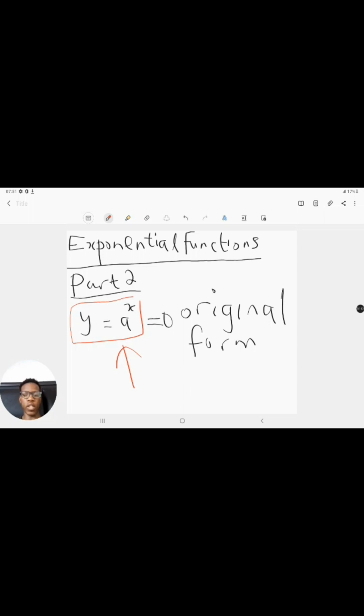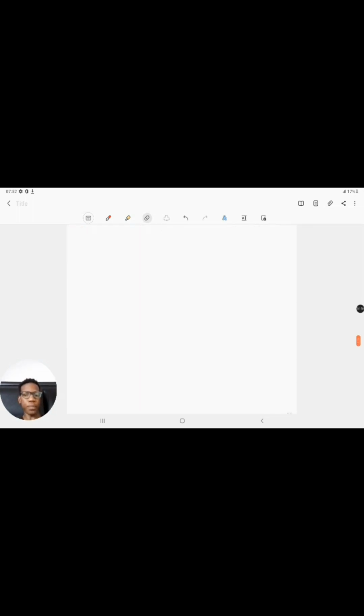The shape of the graph is going to stay the same, but we will see what happens when we do certain things. The shape of the graph will generally stay the same and follow the same pattern. The shape itself might not be exactly the same, in fact it will not be, but the pattern will be exactly the same. You will see what I mean as we progress into this video.